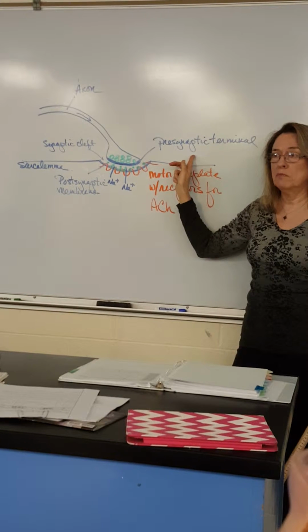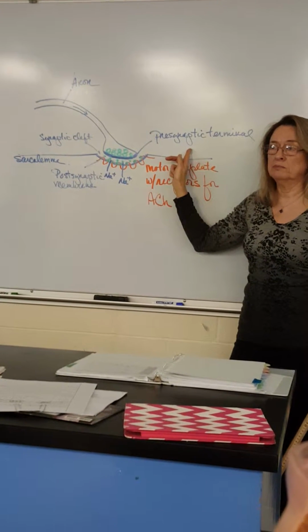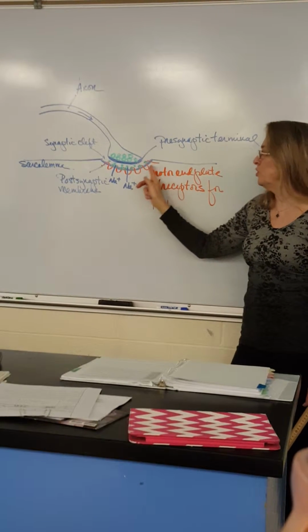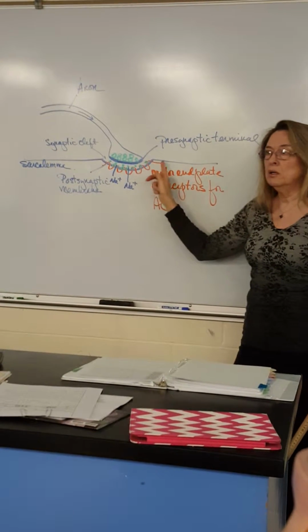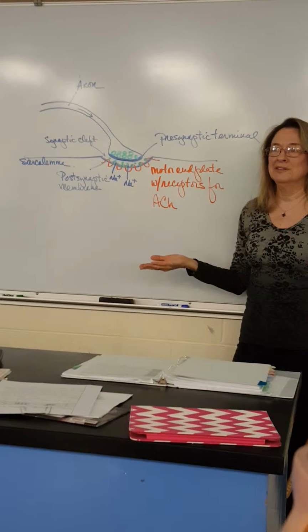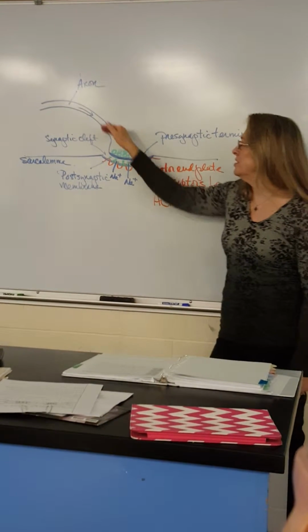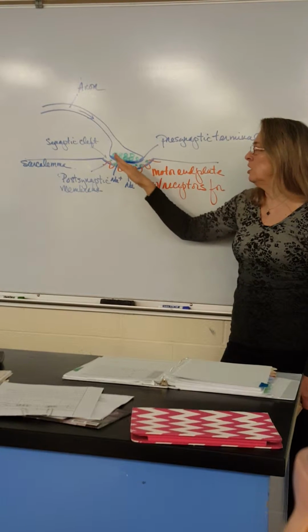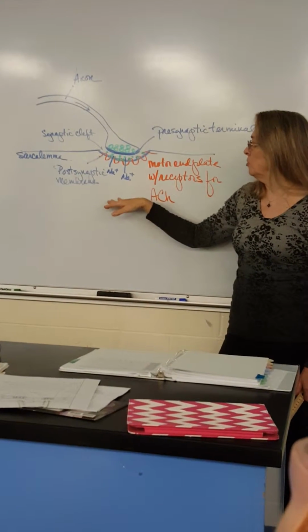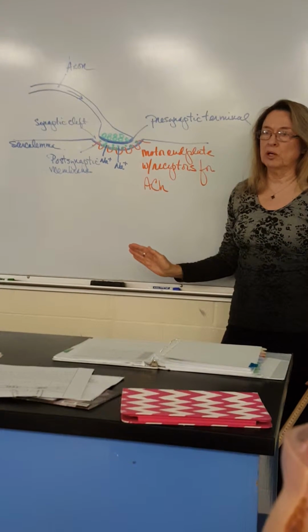That's the membrane on the axon. The membrane over here, which is part of the sarcolemma, is called a postsynaptic membrane. This is how the signal is coming, presynaptic. It will relay that information to the muscle fiber at the postsynaptic membrane.